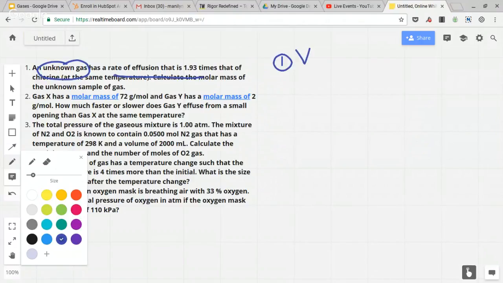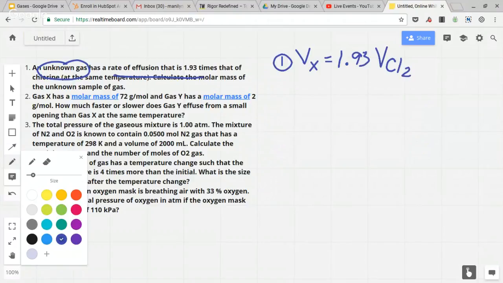When you say rate, it's always symbolized as V. The rate of an unknown gas, so that is X because it's unknown, is equal to 1.93 times that of chlorine gas, so the rate of chlorine gas. Since chlorine is diatomic, that is Cl2.